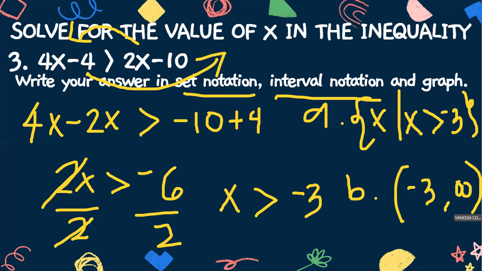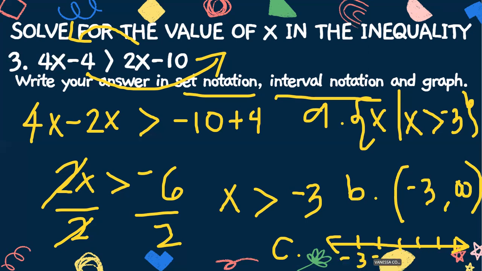Okay? And then our graph. The graph starts at negative 3. Which way does it go? Since it is greater than, it goes to the right. So from negative 3, negative 2, negative 1, 0, 1, 2.